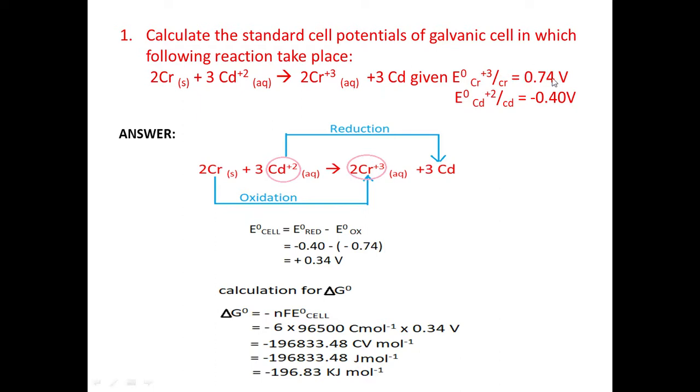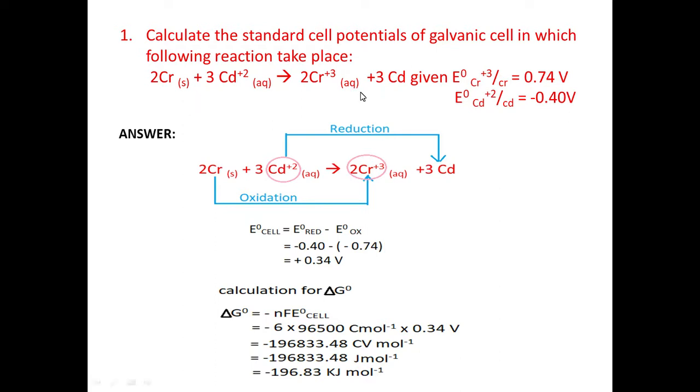The standard reduction potentials are also given here. The standard reduction potential for chromium is minus 0.74 volt, for cadmium is minus 0.40 volt.